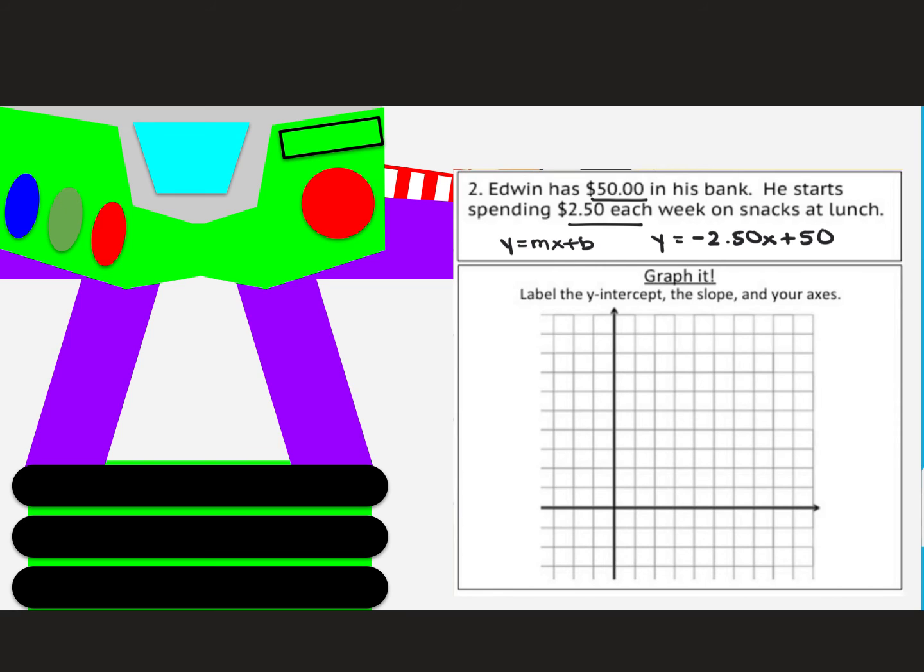All right. So here we can definitely tell that our graph is going to decrease because of the simple fact that he's spending that money each week. All right. So for my x value, the number of weeks, we're just going to count by twos.